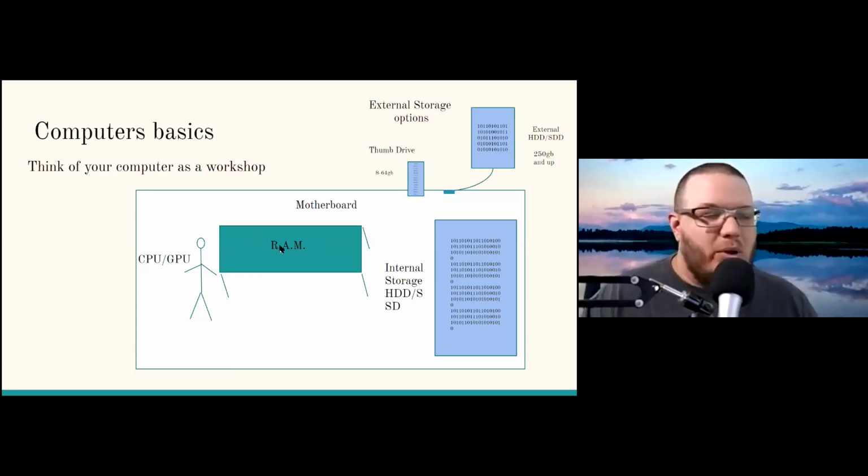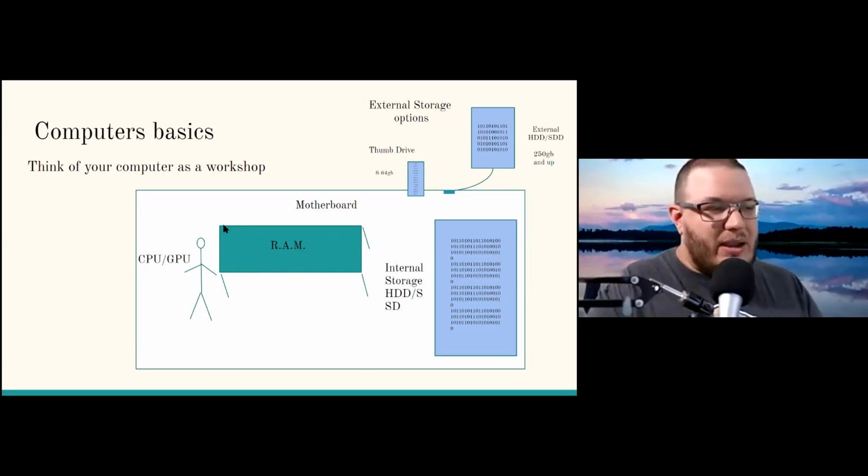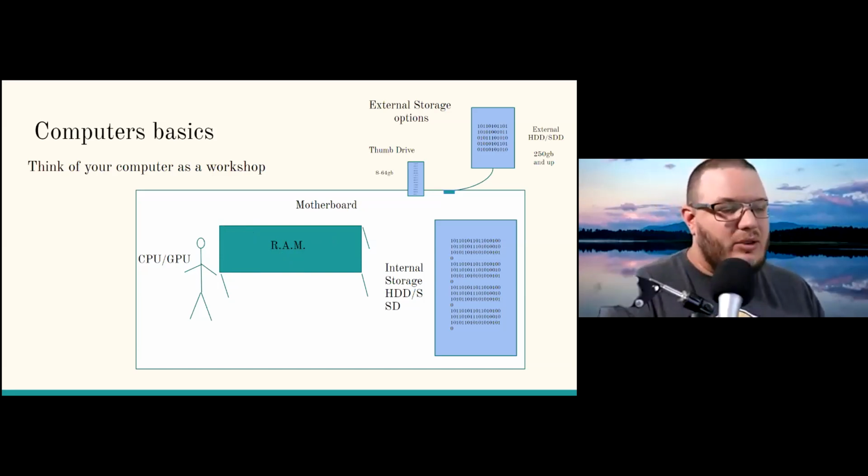The computer component is called your RAM, your random access memory. So your computer can only do as much as you have space for in the RAM. Basically, it takes the files and works on them there, and as you're done with one thing, it puts it back and takes out another piece.